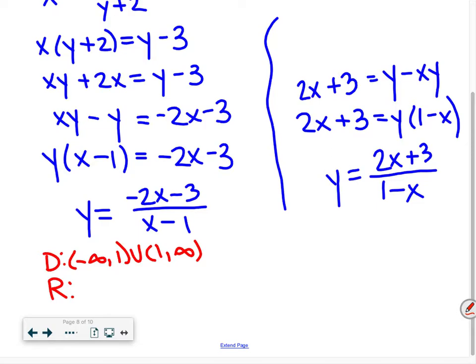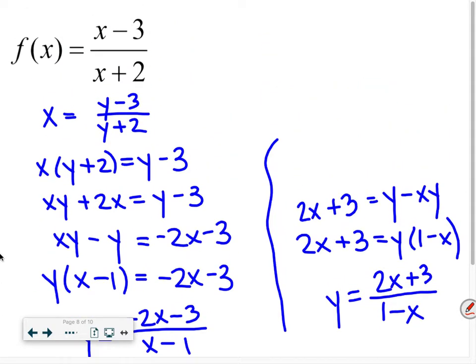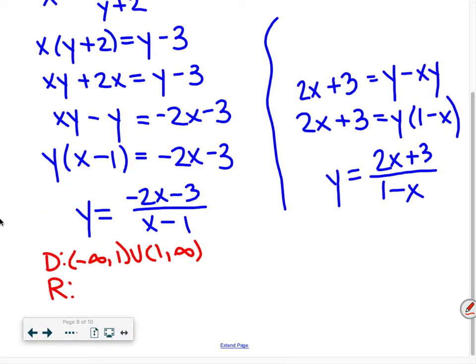I found the domain of the original one. Okay, and what number do we need to exclude of the original? The domain of our original is everything except -2, because we don't want to divide by 0. So the range of our inverse, we will exclude -2.